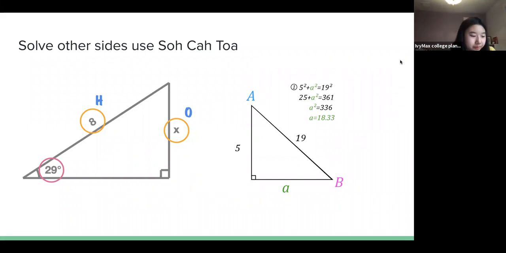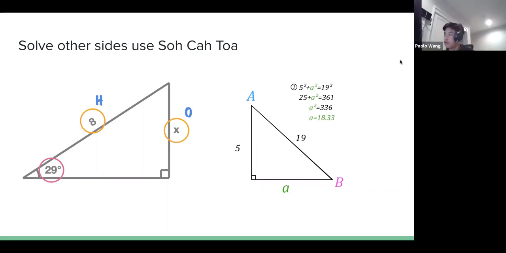Okay, so for the next one, you have 5, 19, and A, and then capital A and B. If you're trying to find A, you can use SOHCAHTOA, sine, cosine, and tangent.